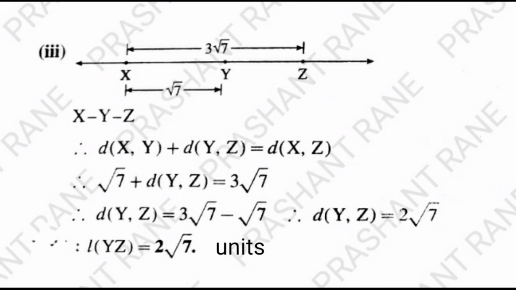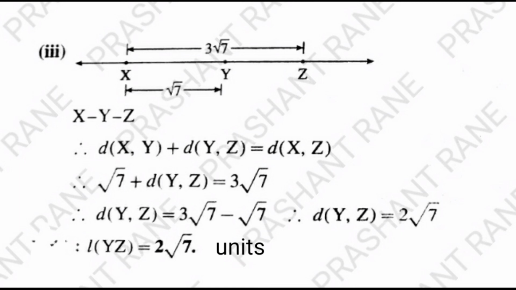X-Y-Z. So first we'll draw the figure X, Y, Z, that is point Y lies between point X and point Z. X-Y-Z will give me distance XY plus distance YZ is equal to distance XZ. Substituting the values, root 7 plus distance YZ is equal to 3 root 7.